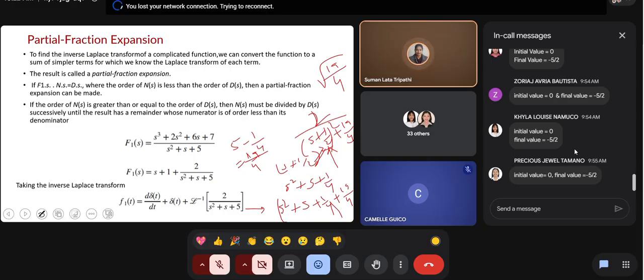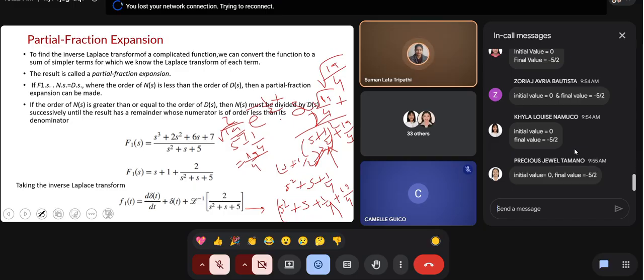So finally it will be a frequency shifted function, meaning e to the power minus 1 by 2t into sine of omega t, where omega is under root 19 by 4, times t, and 2 by under root 19 by 4. Why am I dividing it?